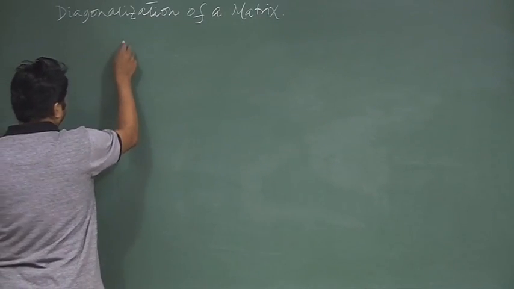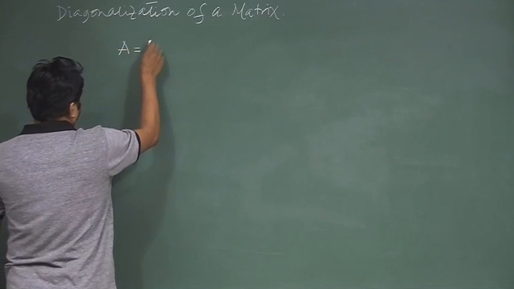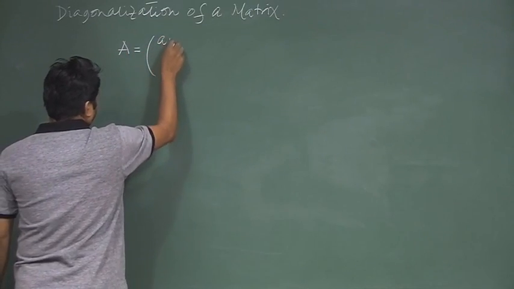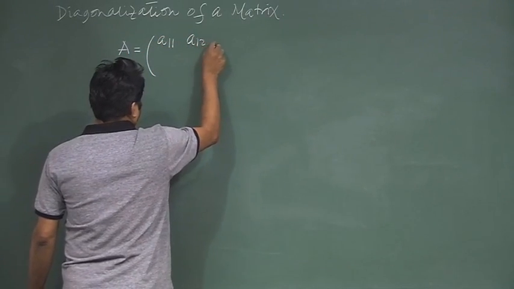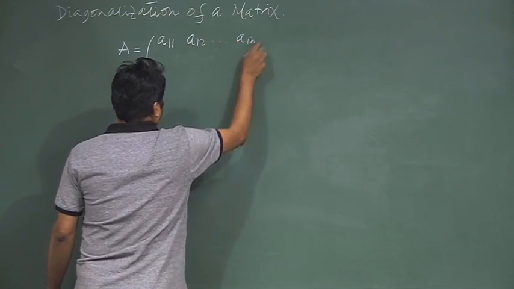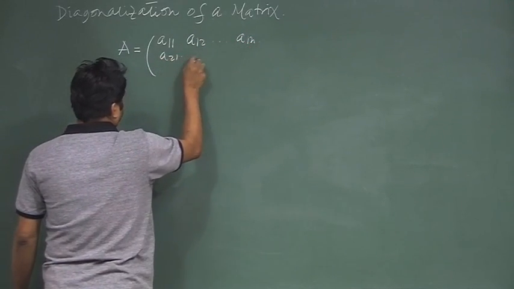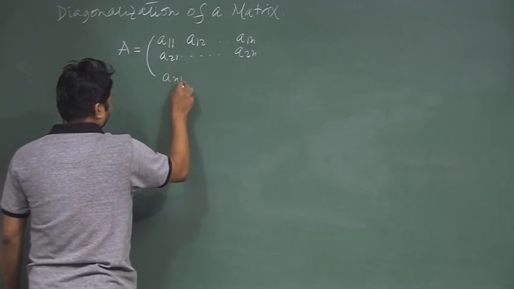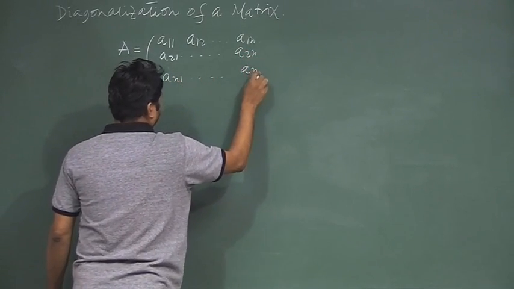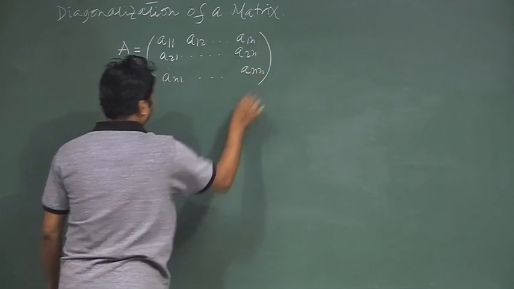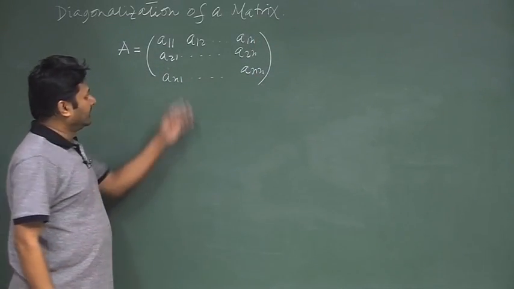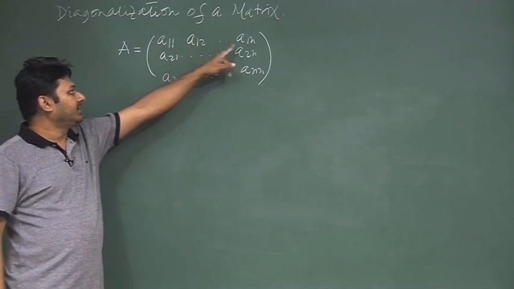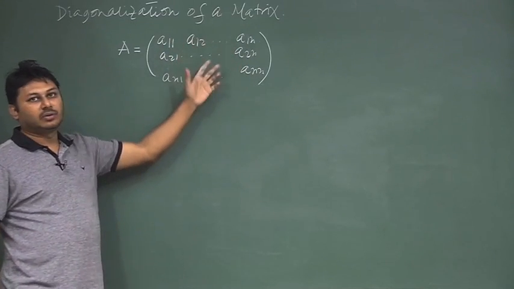A matrix is represented like this. These are the elements. This is not diagonalized, because if all the elements here are non-zero, then it is not diagonalized.